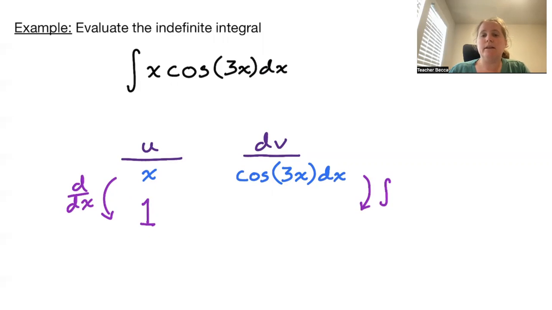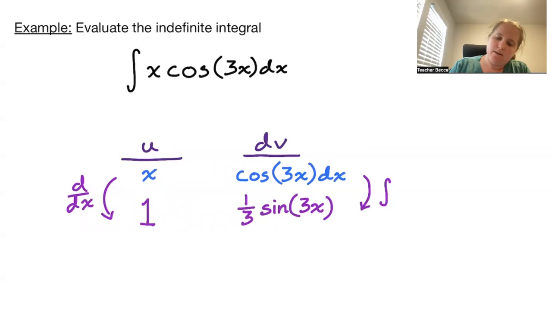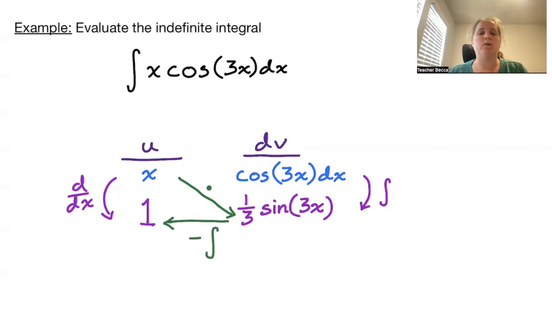Integrating on the right-hand side, the integral of cosine of 3x goes to 1/3 sine of 3x. Then we take the product of that first forwards diagonal, that x times 1/3 sine of 3x, and we subtract the integral of that bottom row.